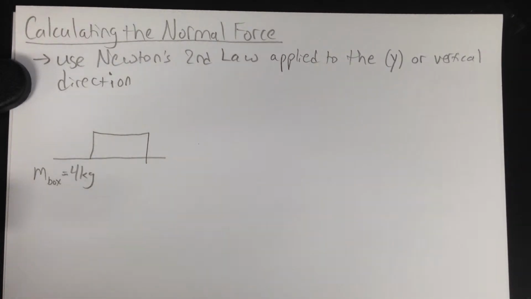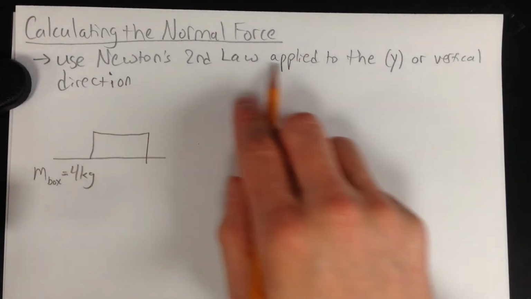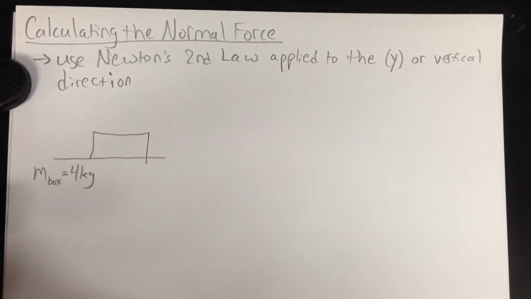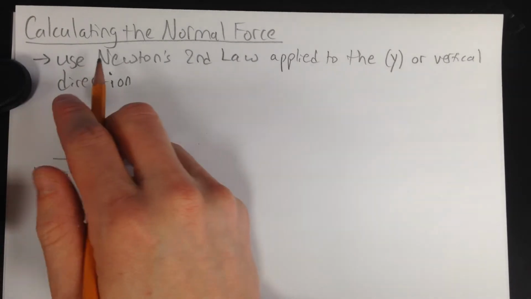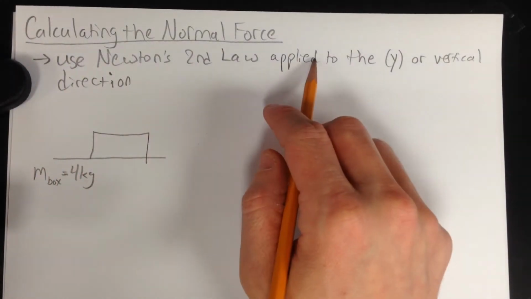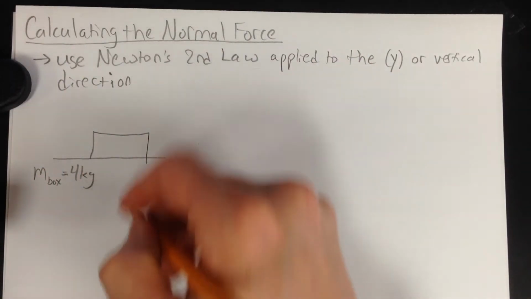So let's just do a problem where we calculate the normal force given the mass of a box. We're going to use Newton's second law, but previously we had applied it to the X direction, horizontally. Now we're going to apply it to the Y direction. You need to be able to apply it to both directions. So use Newton's second law applied to the Y, or vertical, direction.